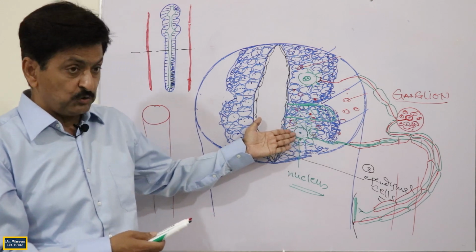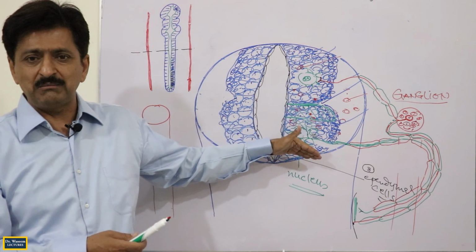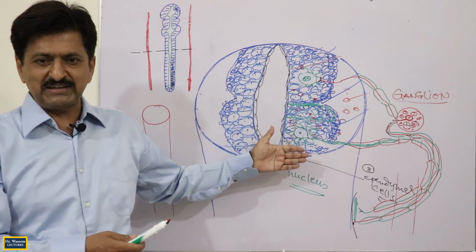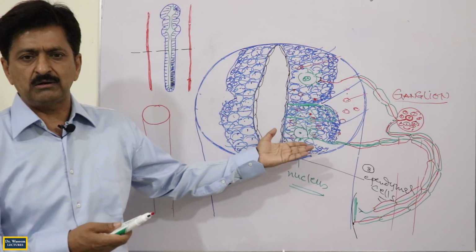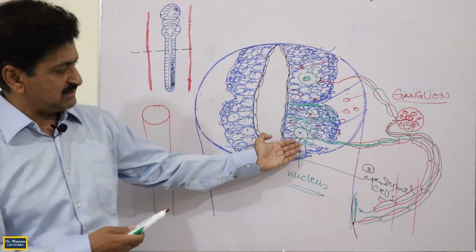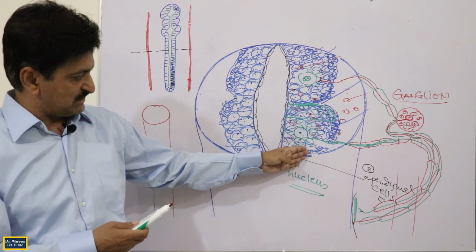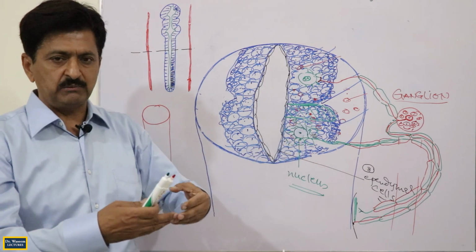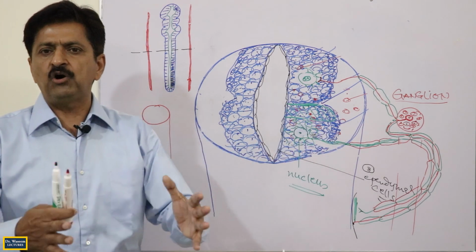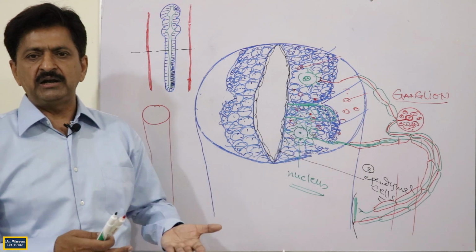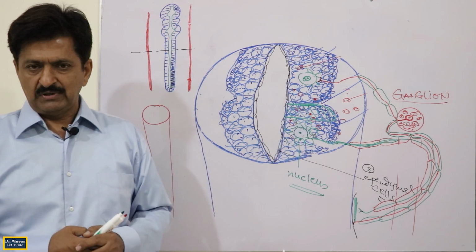And because this motor nucleus is present in the anterior part of your gray matter here, you sometimes also say anterior horn cells, because these are the thickenings which are called the basal plates. They will extend here, reach up to a certain periphery, and they will be in the form of horns. That is why these are called anterior horn cell nucleus.